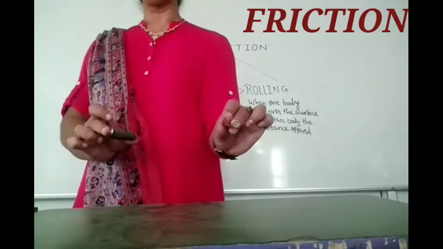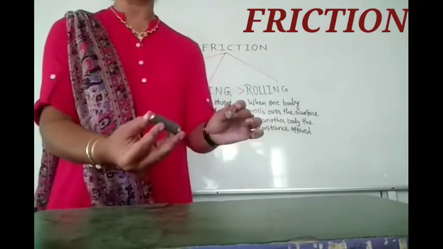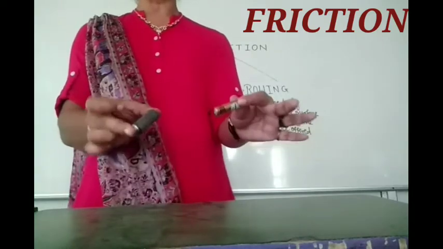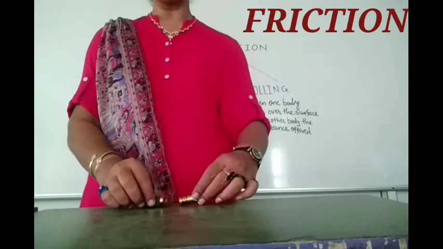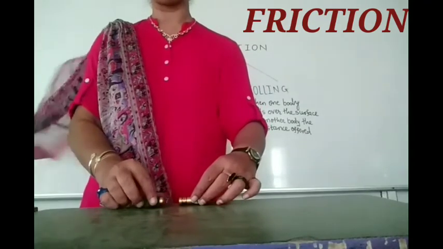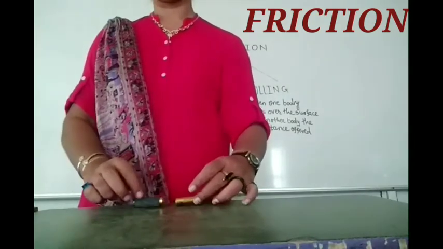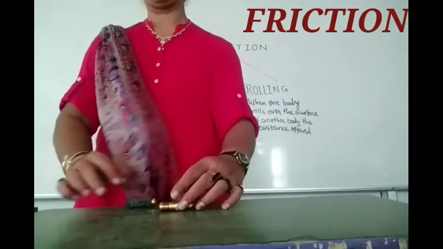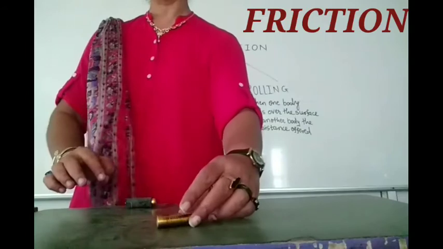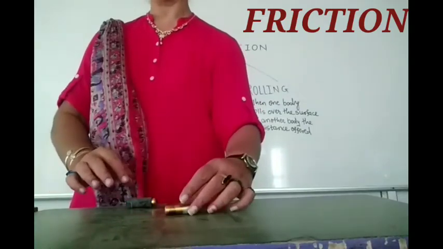One is having a plain surface and another is having the surface coated, wrapped with sandpaper. So I am trying to roll down both of these. You can see that this cell is rolling very easily.